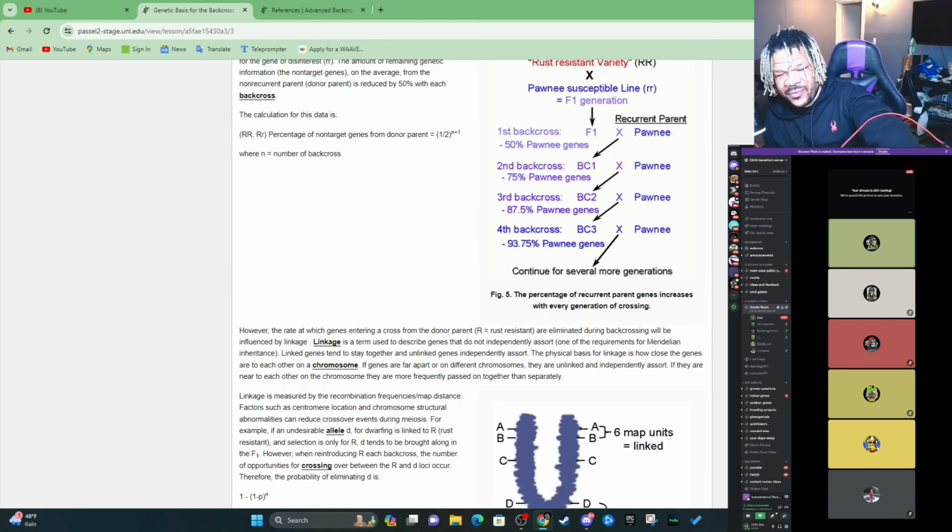Linkage. However, the rate at which genes entering across from the donor parent, who's rust resistant, the red, are eliminated during backcrossing will be influenced by linkage.